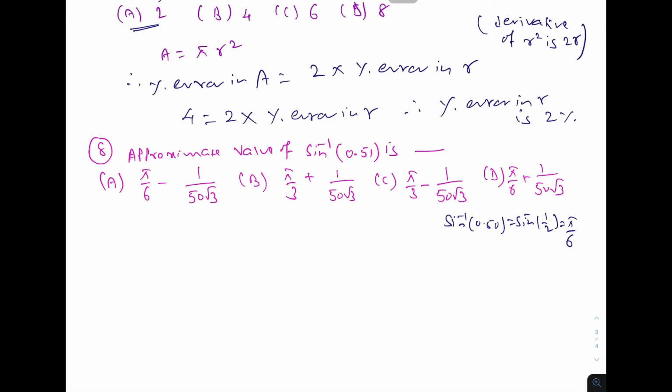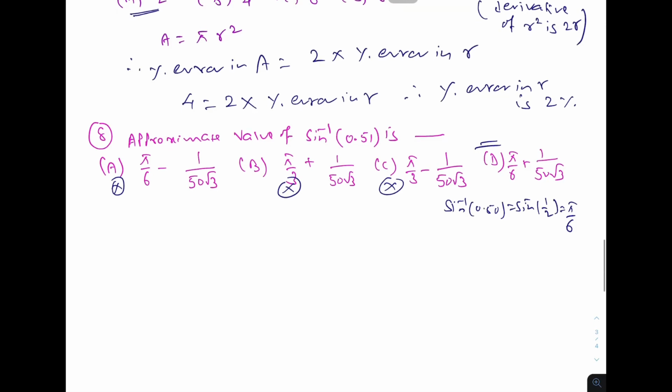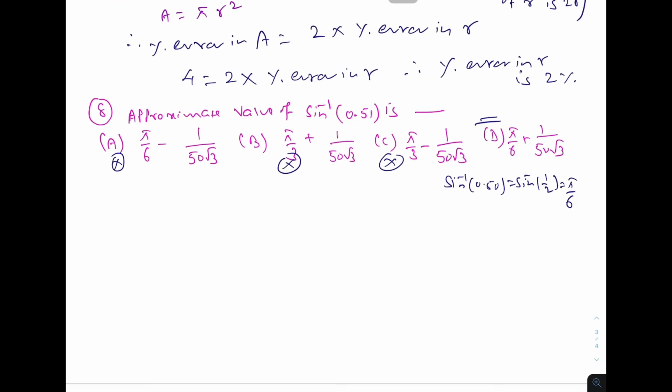So our answer should be a little bit greater than pi by 6. So this should not be there. This must be there: pi by 6 plus 1 over 50 root 3. So that you should take care. Sometimes by looking at the options you can solve it without even calculation. But let us solve it here.